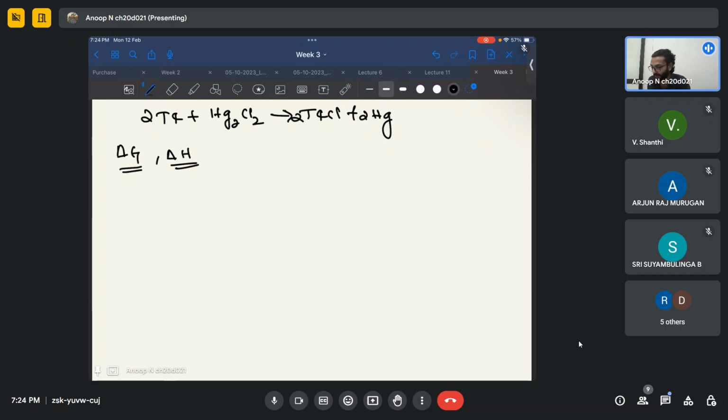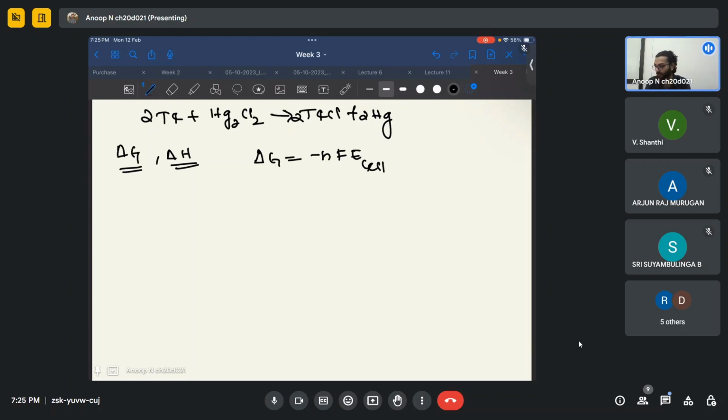What is the delta G value coming? What is the equation for delta G? Delta G is equal to, anyone? Minus nFE. Yeah. E cell is given, so just substitute.